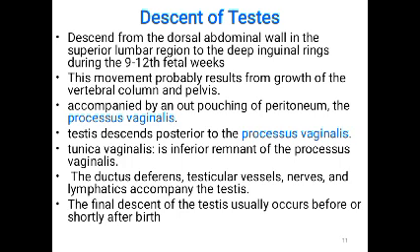Descent of testis: the testes descend from the dorsal abdominal wall in the superior lumbar region to the deep inguinal rings during the 9 to 12 fetal weeks. This movement probably results from growth of the vertebral column and the pelvis, accompanied by an evagination of peritoneum, the processus vaginalis.